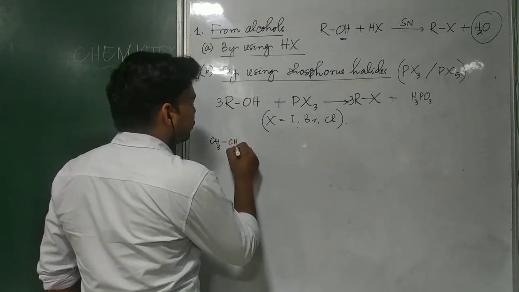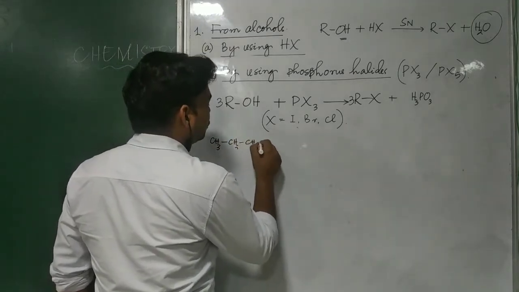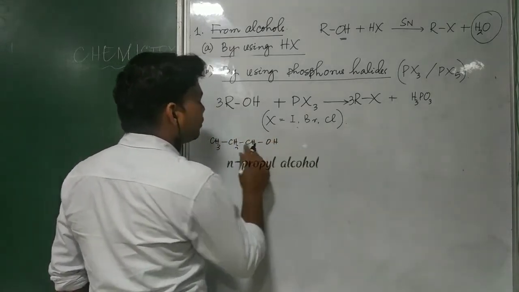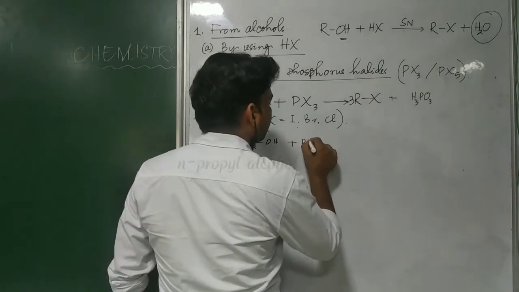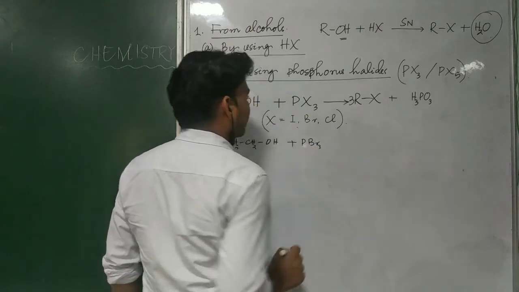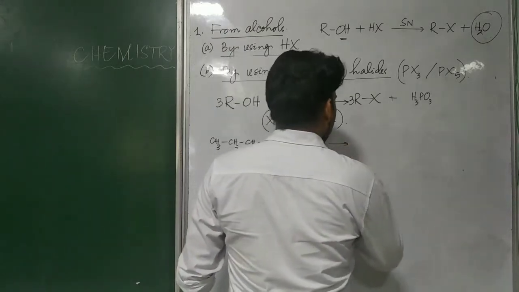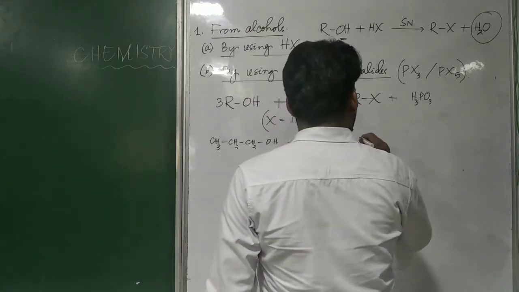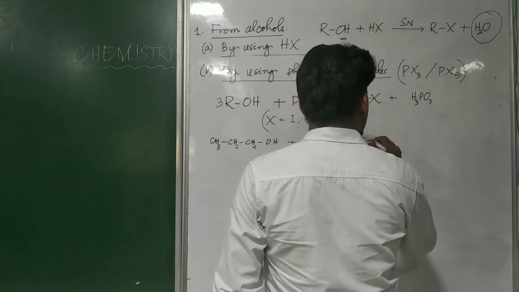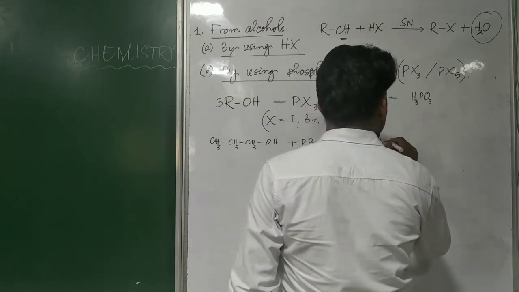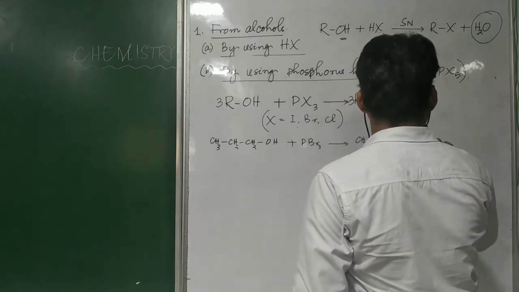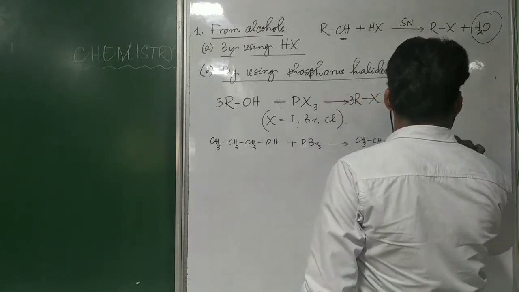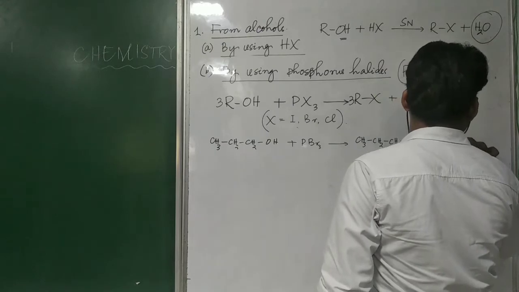CH3CH2CH2OH, n-propyl alcohol. When it is treated with phosphorus tribromide, PBr3, as a result of the reaction we will get the corresponding alkyl halide, CH3CH2CH2Br, plus H3PO3.